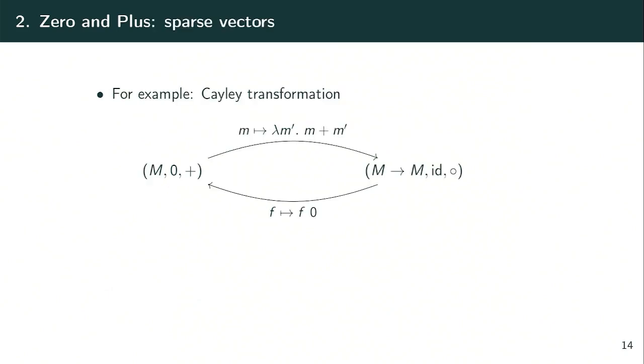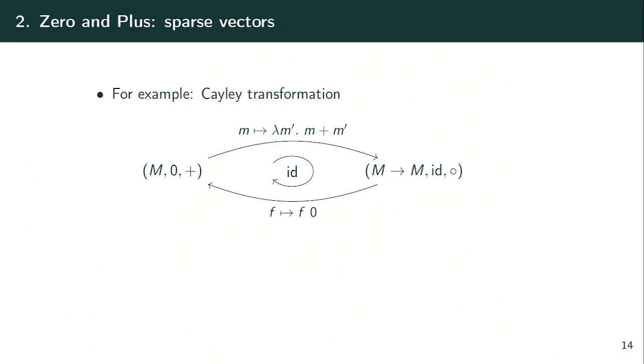We fix this using sparse vectors, and one that turns out to work very well is a simple Cayley transformation, which is known to functional programmers as the difference list trick, where you change a monoid into the monoid of endomorphisms on that monoid, or you can see this as an action of the monoid on itself, where the 0 turns into the identity function and the plus turns into function composition.